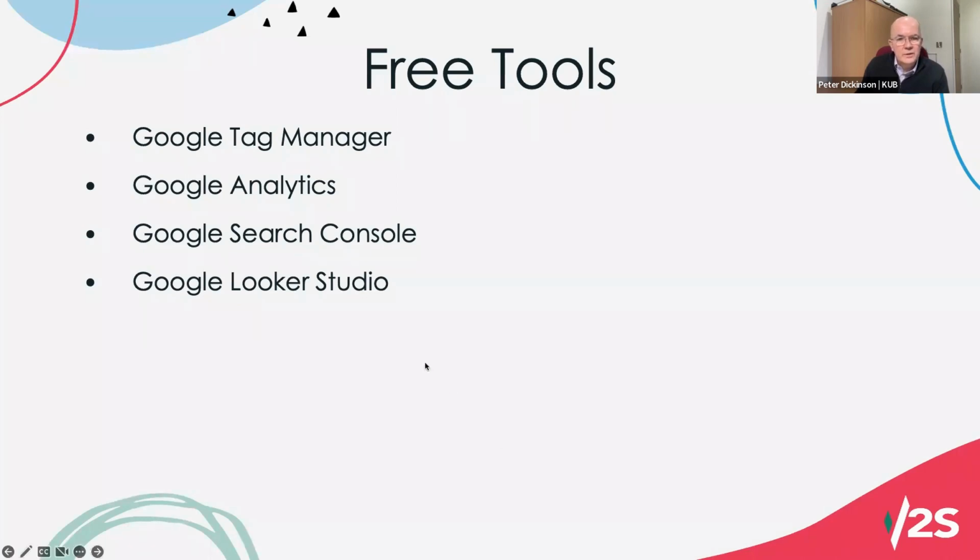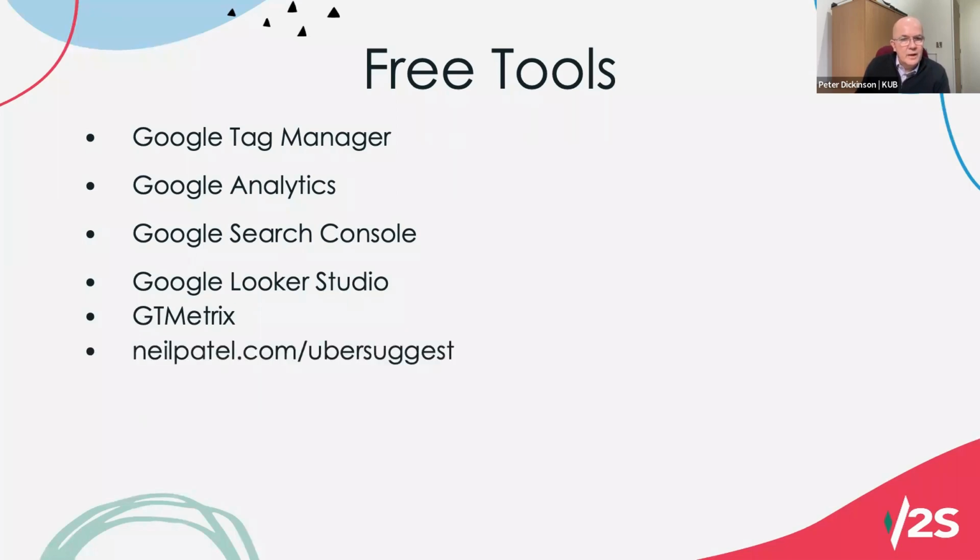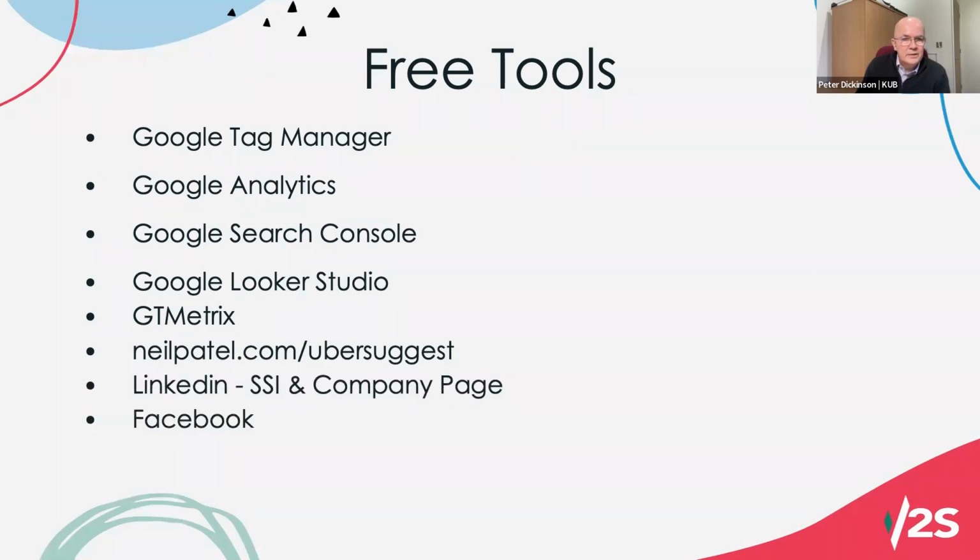So again, with the free data reporting tool, it was called Data Studio, it's now called Looker Studio, allows us to present the information in a usable format to our users. It's not difficult to set up. We've got GTmetrix, which is measuring site speed. We're also going to talk about keywords, social media, LinkedIn pages, Facebook, Instagram, and email marketing.